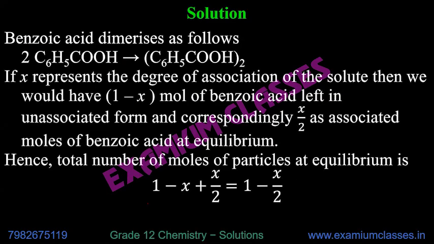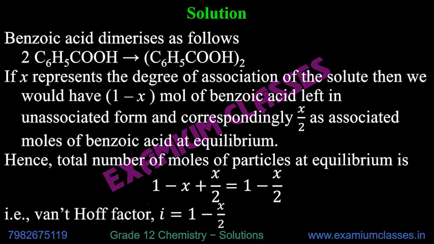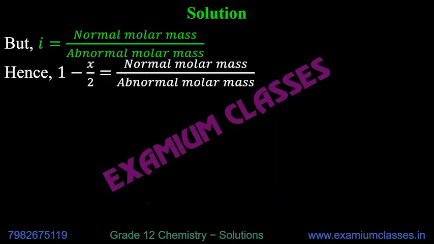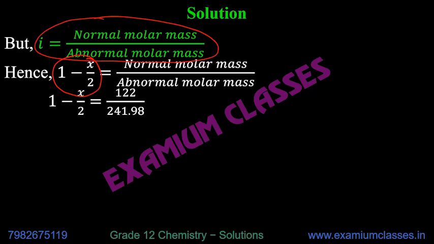Now we calculated the value of I. This is something I have explained. And we equated both. This is the value we calculated, and this is as per the first formula, normal molar mass divided by abnormal molar mass. Normal molar mass will be as per the formula.